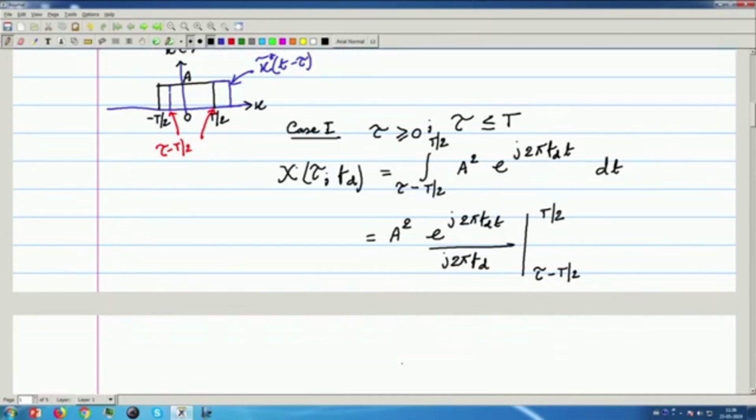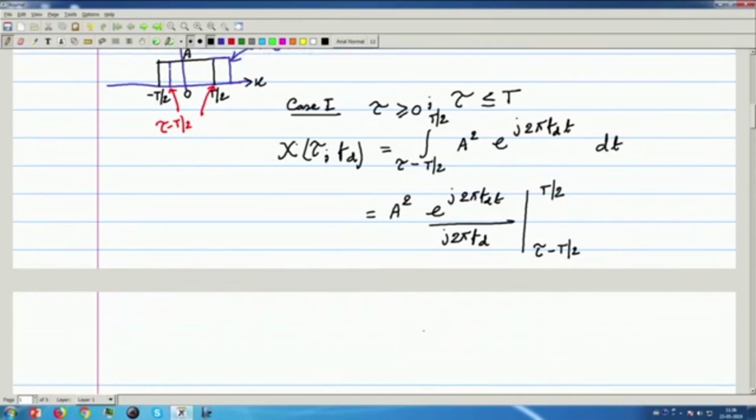This you know I can manipulate, because I can write it in terms of a sine function. If you do that, I am jumping those steps because there is nothing new there. You will see that it will come as pi f_d e to the power j 2 pi f_d T by 2, sorry, tau by 2.